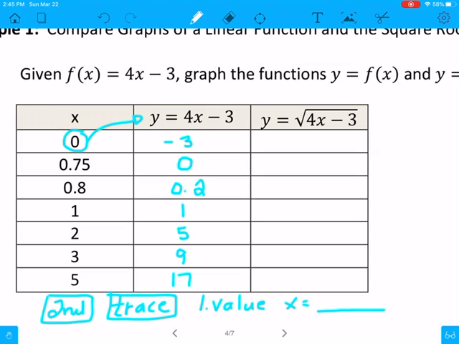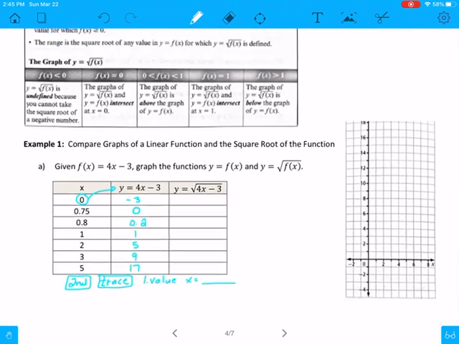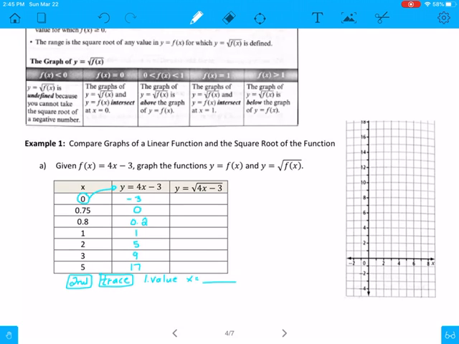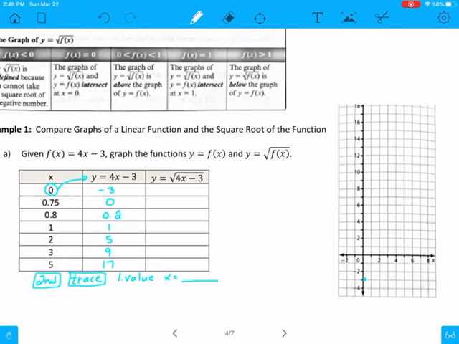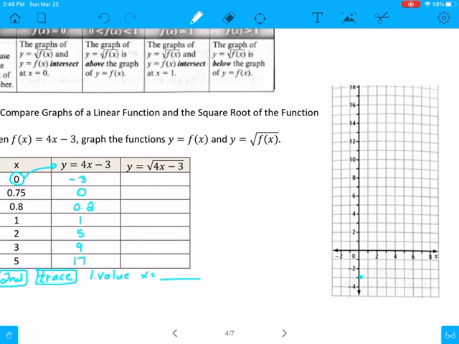Okay? Now, we can plot those points. Oh, 17 is on this graph. I'm so smart when I made these notes. Okay, so we're going to go 0 and -3, and the blue graph is going to be the y equals 4x minus 3. So 0 and -3, 0.75 and 0, 0.8 and 0.2.